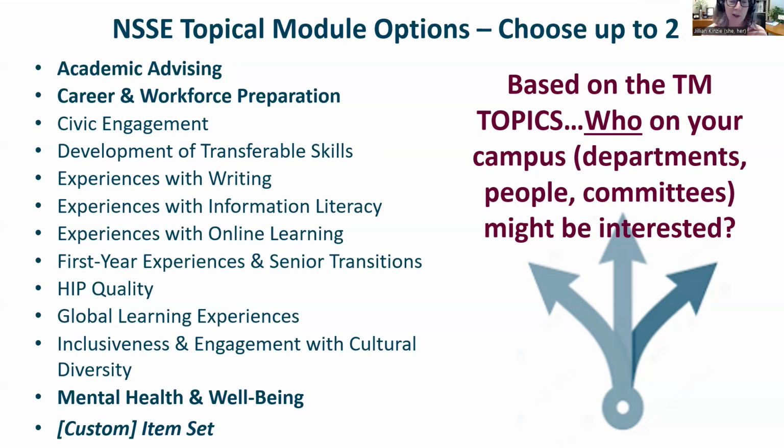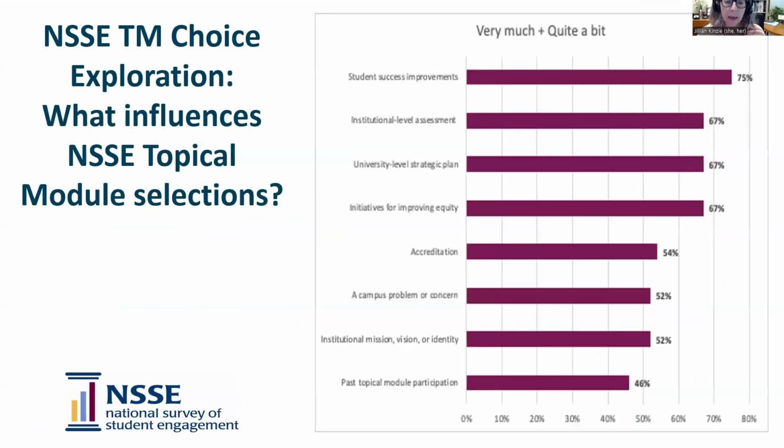I really want to encourage giving pause and taking some time to think about this. The users that responded to our inquiry indicated that they did take some time to involve other people in their choices. So I invite you to do that same thoughtful reflection on who might be interested in these topics at your own campus.